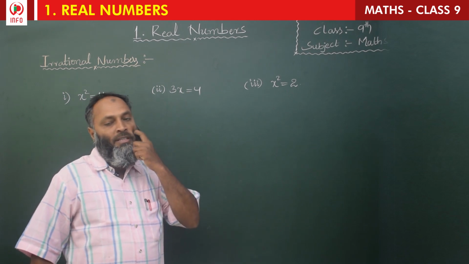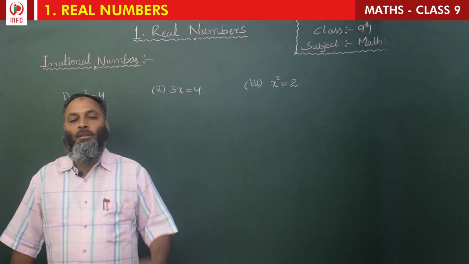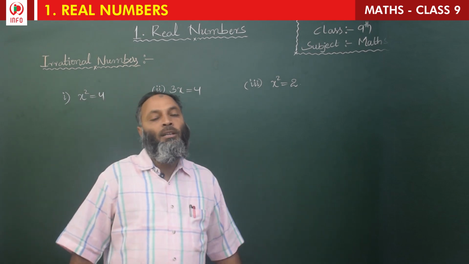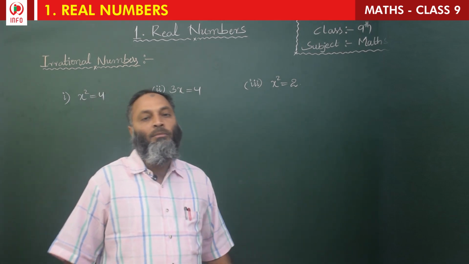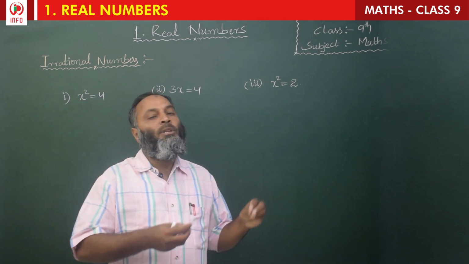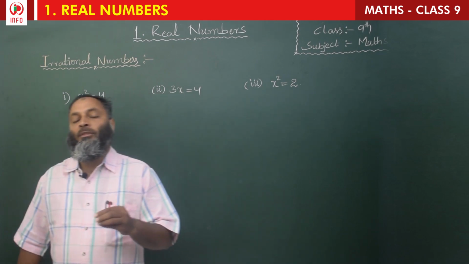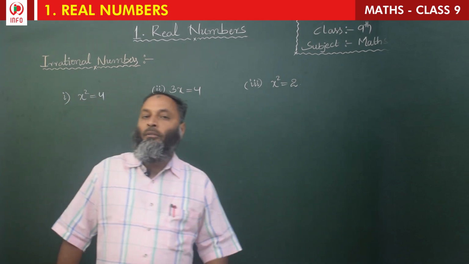Before this, we discussed rational numbers. How to represent rational numbers? Generally rational numbers are represented in the form of p by q. When a number is in the form of p by q, that is a rational number.